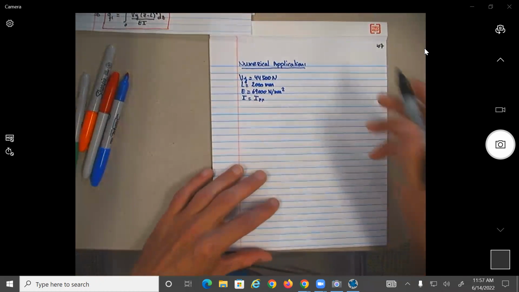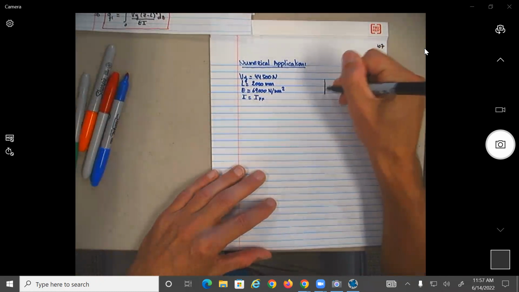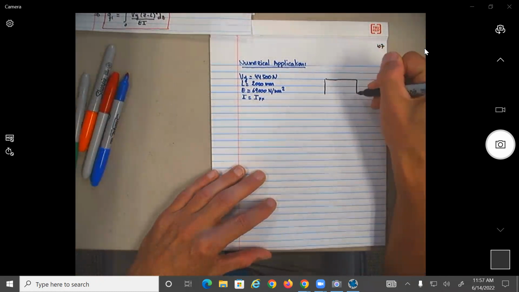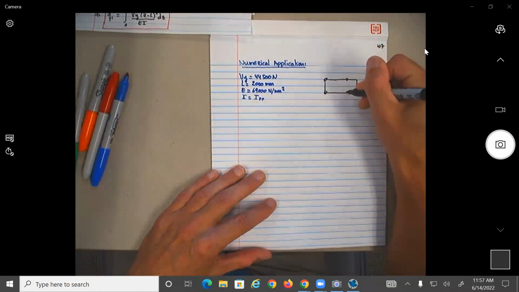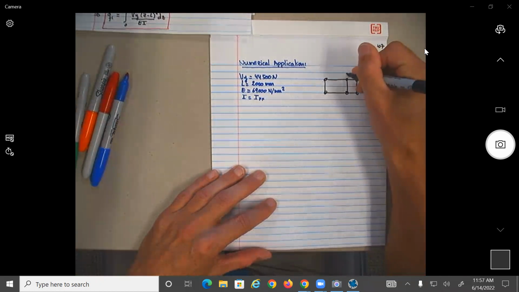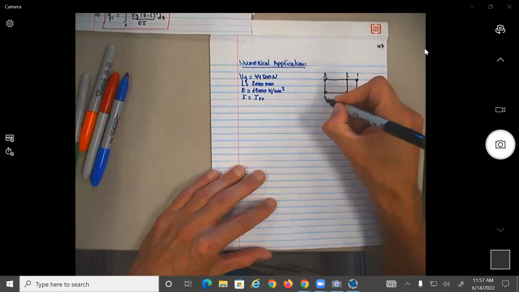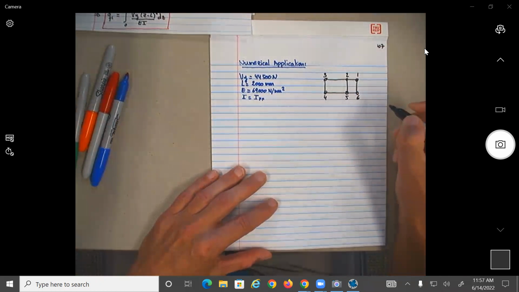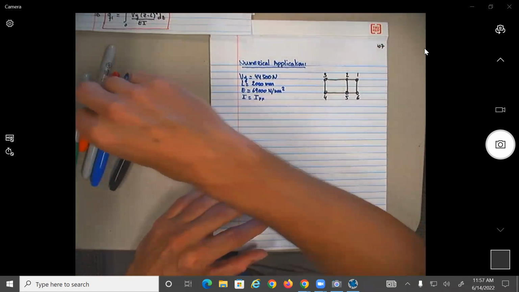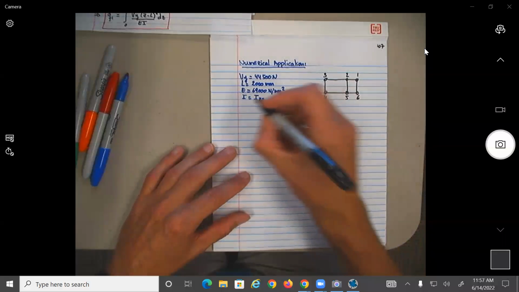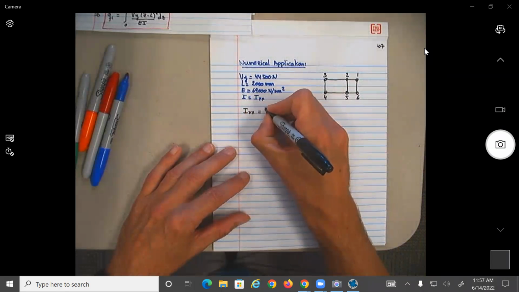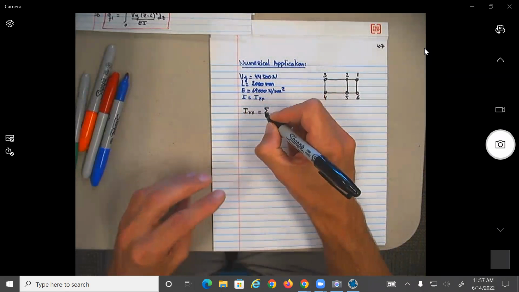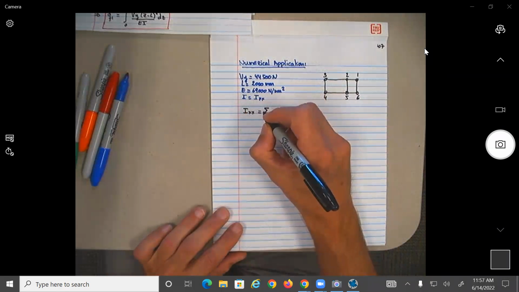So in order to do that, I'm gonna redo a quick figure here. Okay, so IXX should be equal to what? To the summation of what?